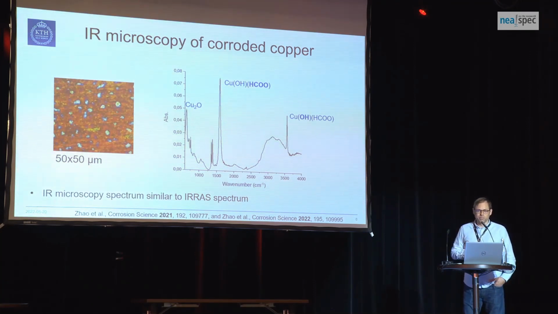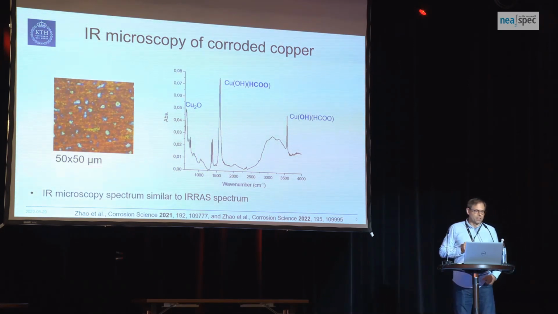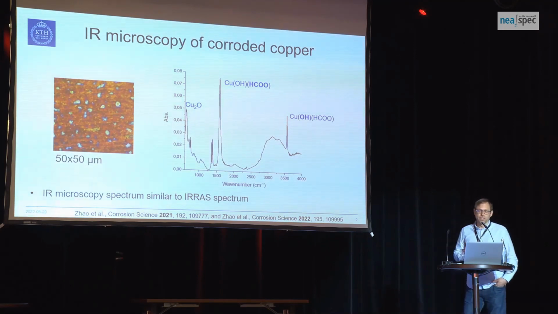Normal IR microscopy has been a great tool in many corrosion studies, but in this case we essentially get the same spectrum as we did with IRAS for the 2 centimeter area. So it didn't help so much in this case. You see the cuprite and you see the copper hydroxy formate.